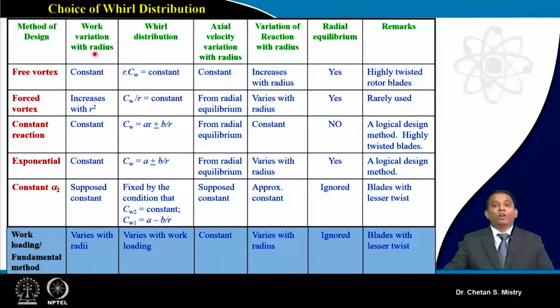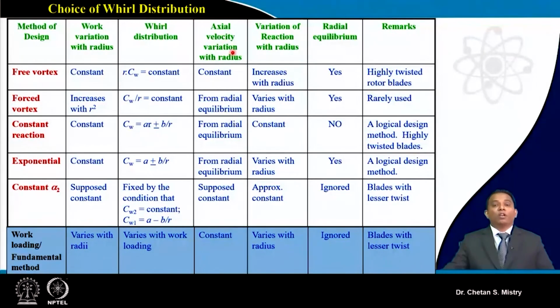We can say the work variation varies as a function of R squared. Here the whirl distribution we are assuming is Cw divided by R equal to constant, and the axial velocity we calculate based on radial equilibrium. The degree of reaction varies from hub to tip, and yes, this satisfies our radial equilibrium equation.